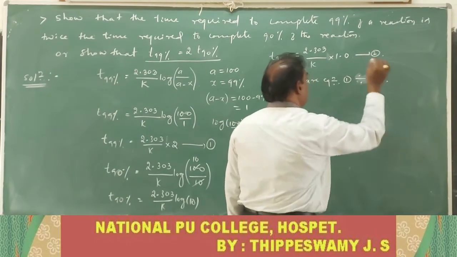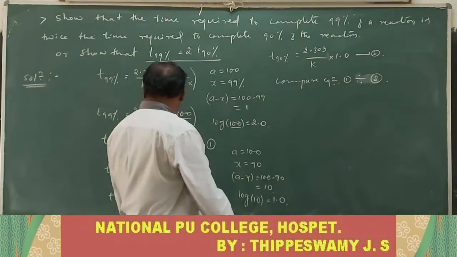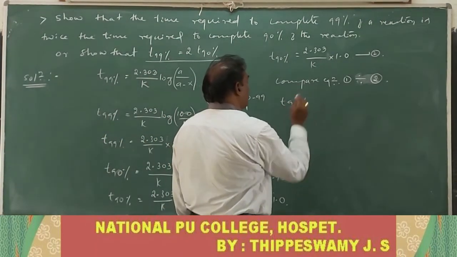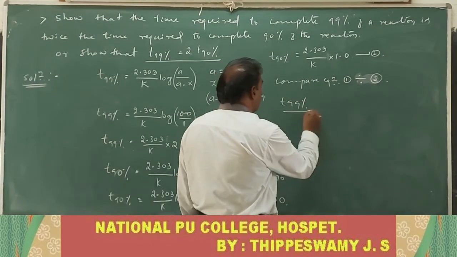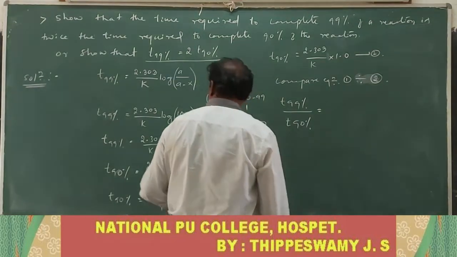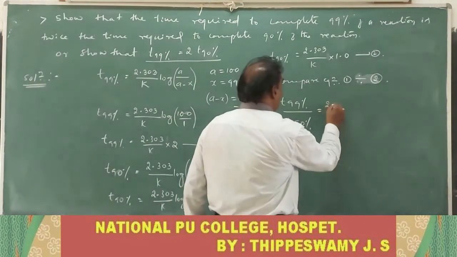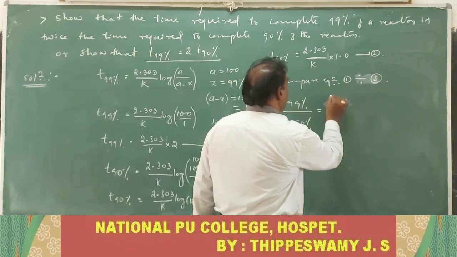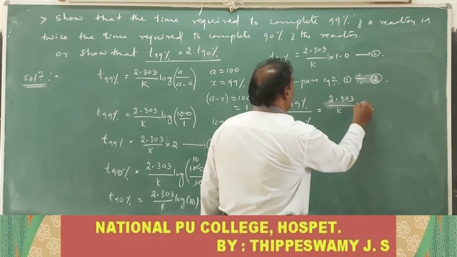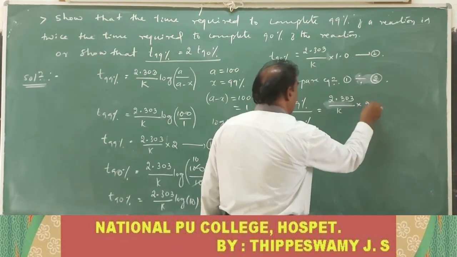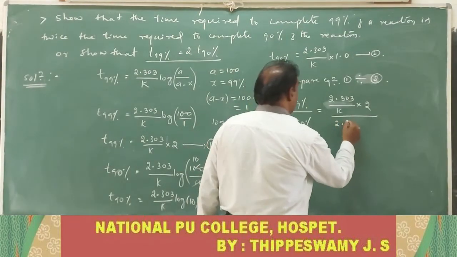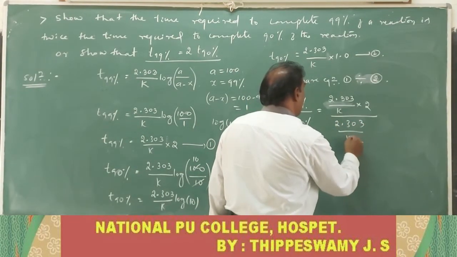Equation number 1 is like this: T 99% divided by T 90% is equal to, writing equation number 1, 2.303 divided by K into 2, whole divided by equation 2, that is 2.303 divided by K into 1.